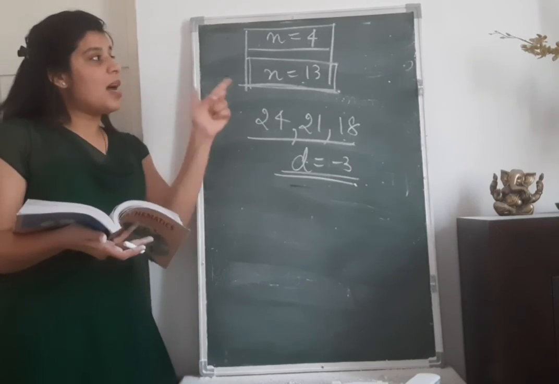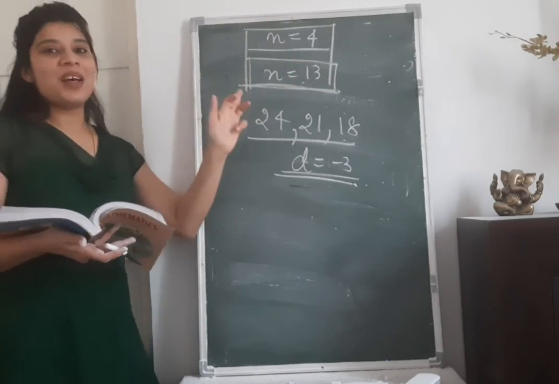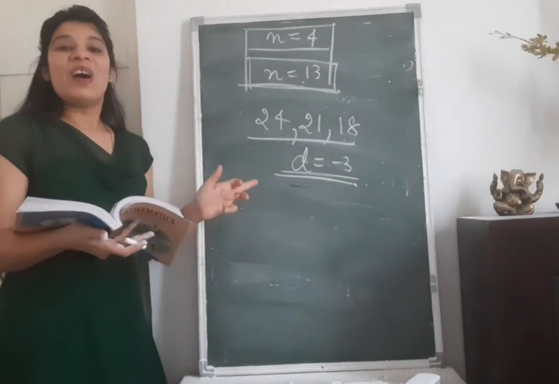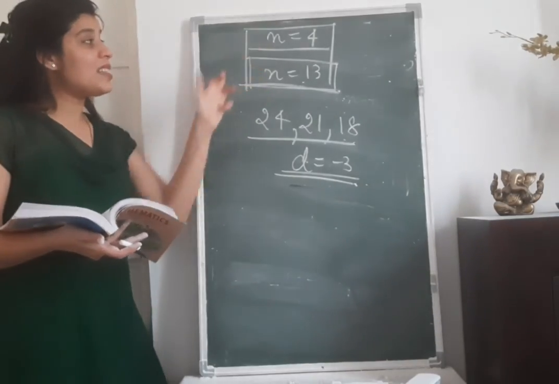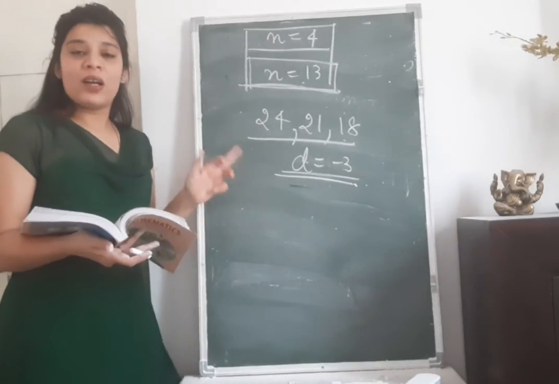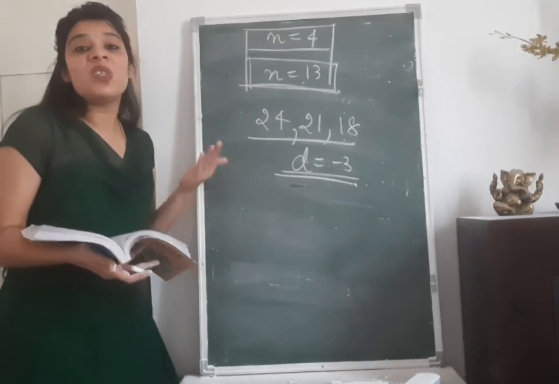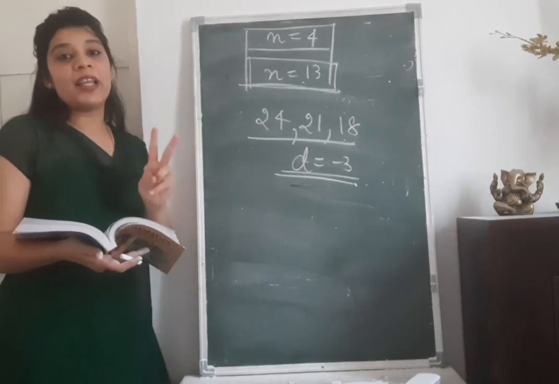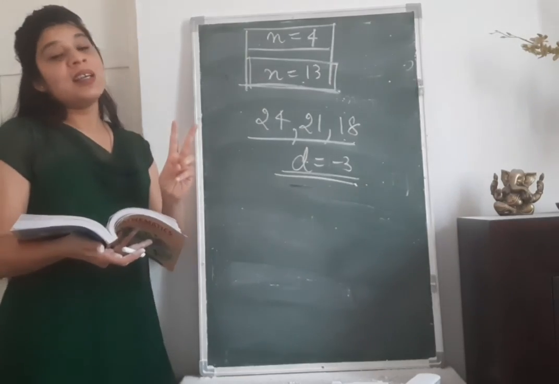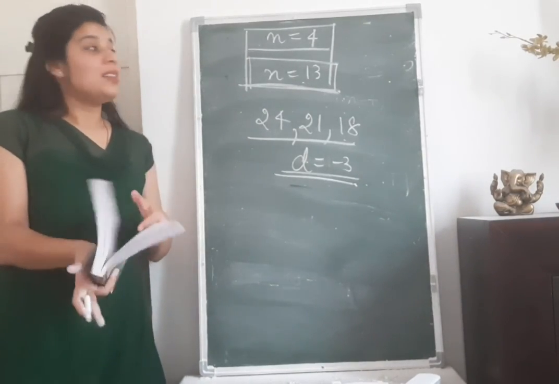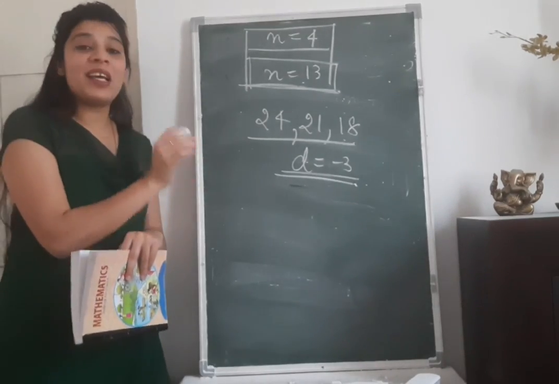Apart from that, the sum of the first 4 terms and the sum of the first 13 terms in this kind of series are going to be the same. Like in this series, the sum of the first 4 terms and the sum of the first 13 terms are the same. In some other series, it is possible that we have 2 values of n for the same amount of sum. So I hope this concept is very clear to you.